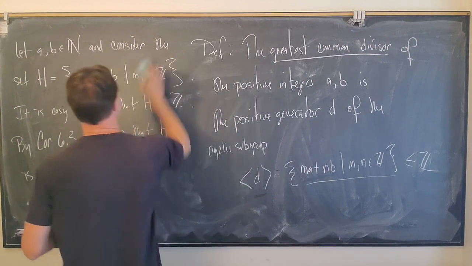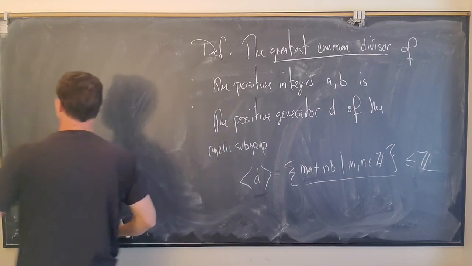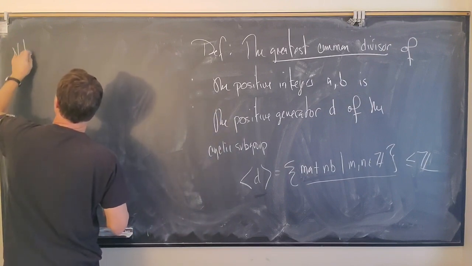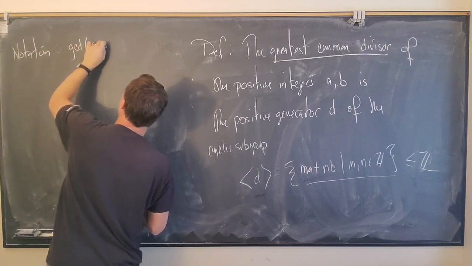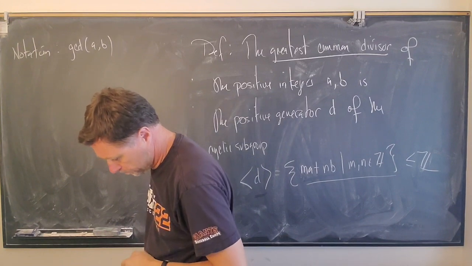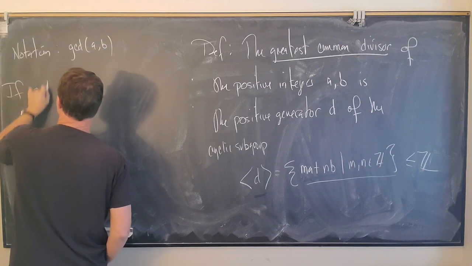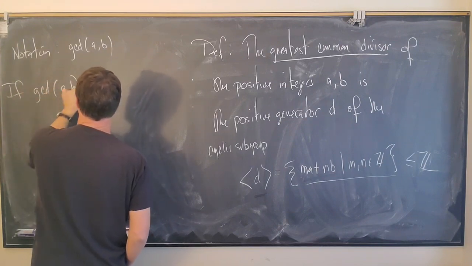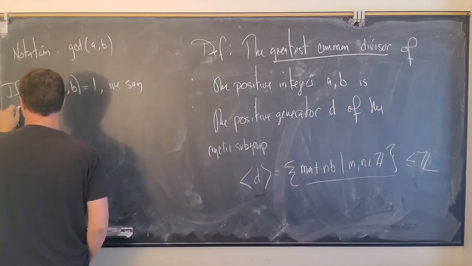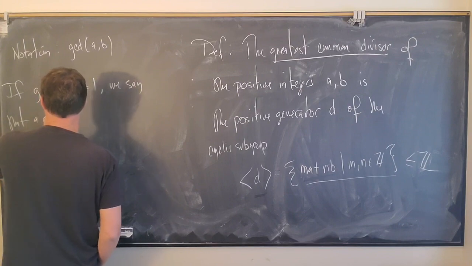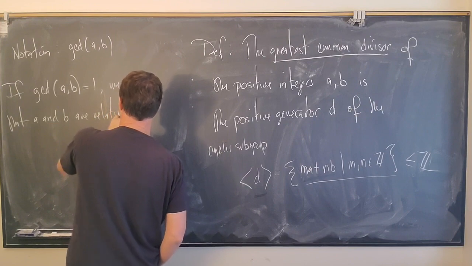The notation is the usual thing, GCD of A, comma, B. If GCD of A and B equals 1, we say that A and B are relatively prime.